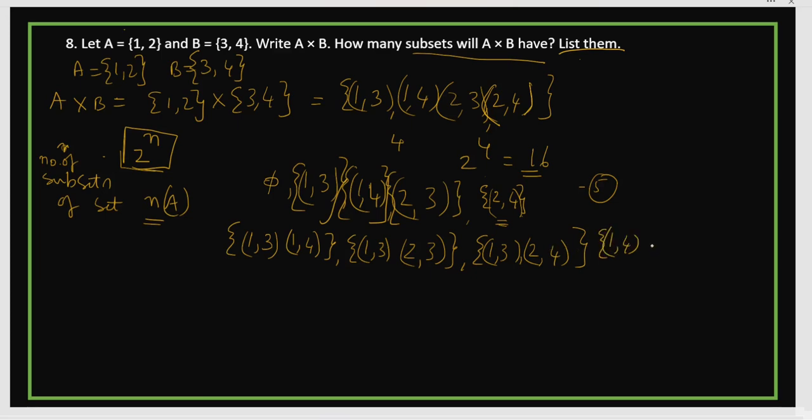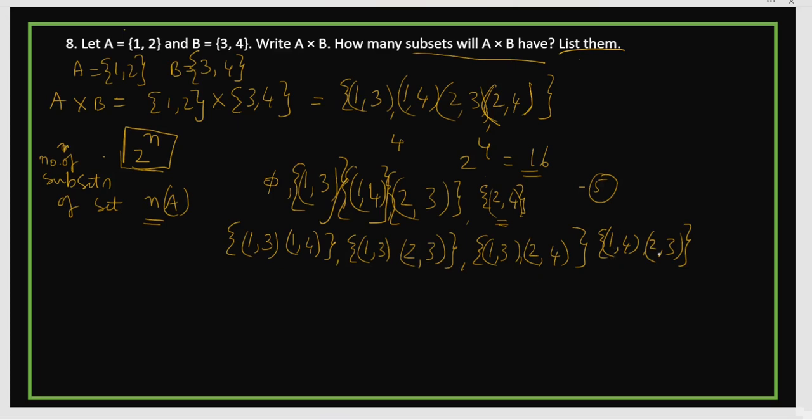{1 4, 2 3}. These two elements together make one set. {1 4, 2 4}. With 1 3, you get 1 4, 2 3, and 2 4.